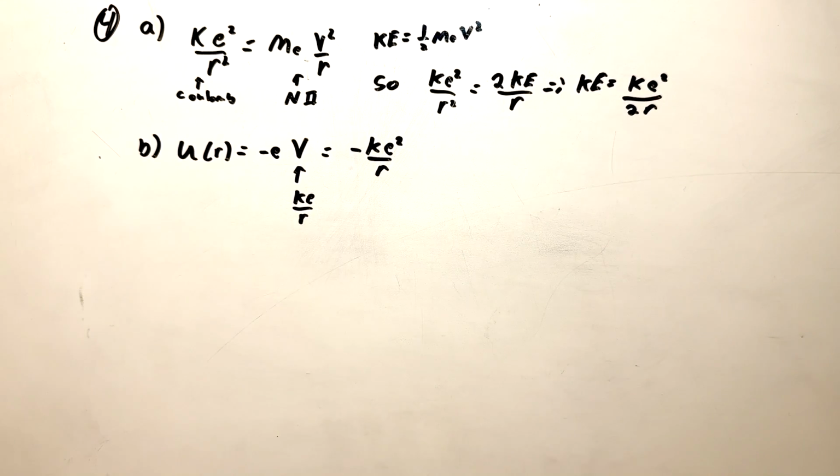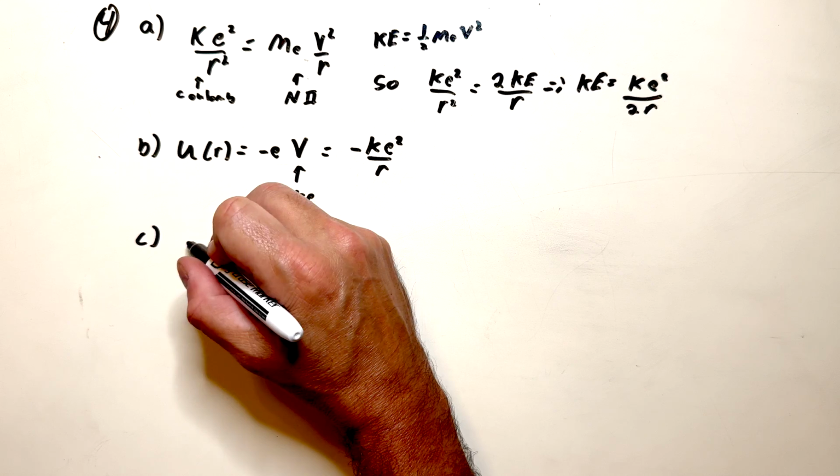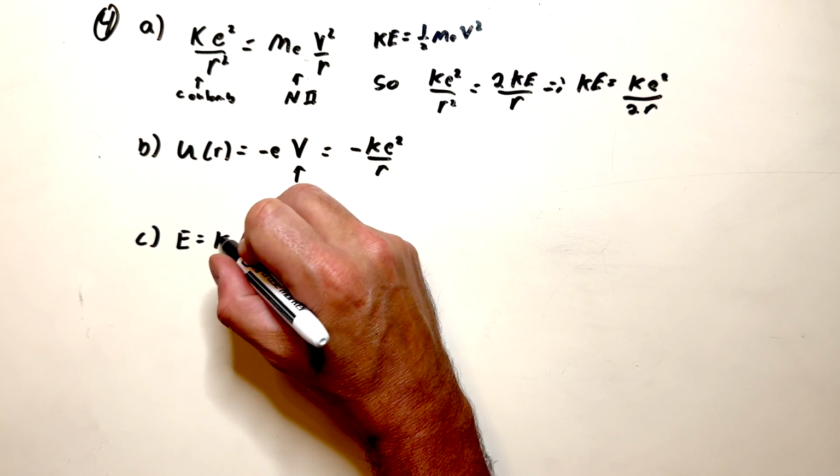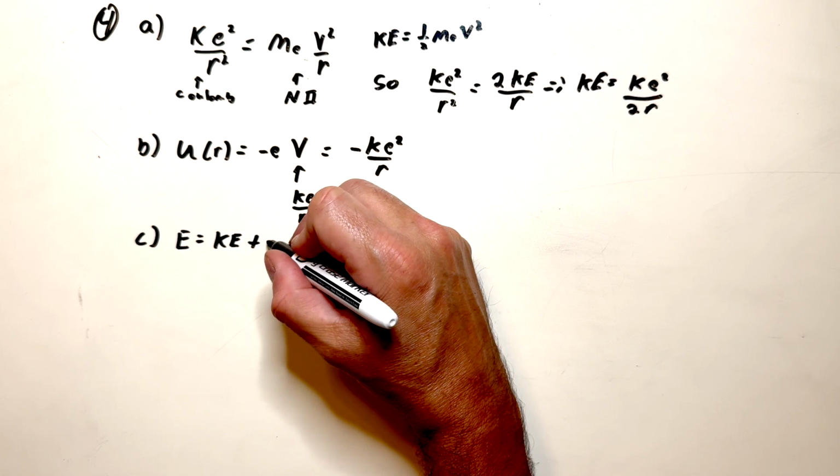All right, part C. Calculate the total energy of the electron. That's the kinetic energy plus the potential energy at r equals 5.9 times 10 to the minus 11 meters in electron volts. Okay, so C. E is equal to the kinetic energy plus the potential energy, which I'll just write PE.